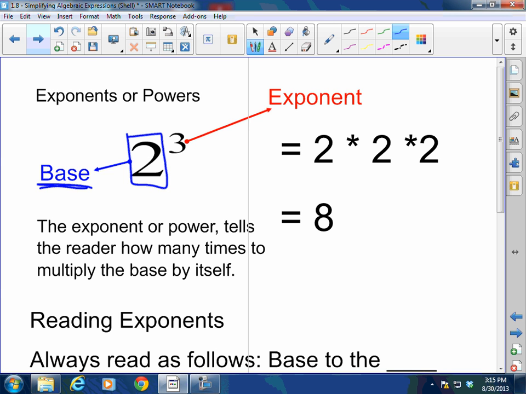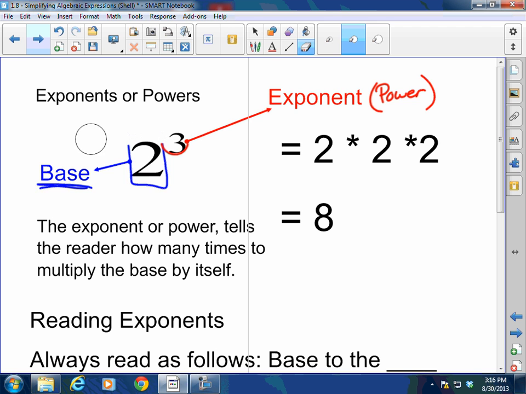That is the number that is going to have repeated multiplication. The little number at the top of the base is called the exponent, or sometimes the power. The exponent or power tells the reader how many times to multiply the base by itself.